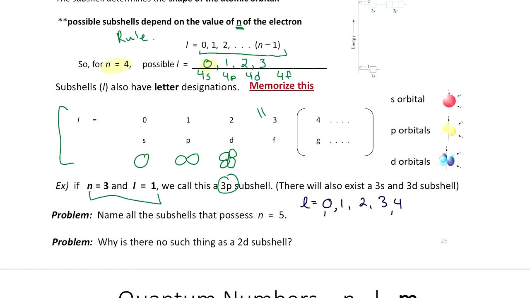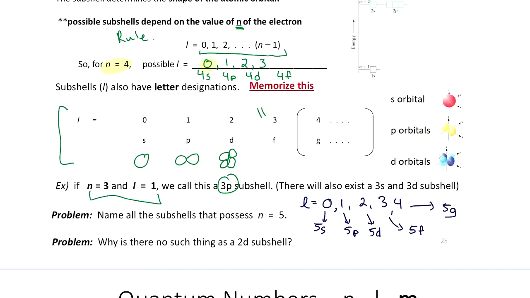So an l of 0 is what kind of subshell? s, but we want to specifically call this a 5s, because that's what the n is. So that means l of 1 is a 5p, then we get 5d, l of 3 is 5f, and then 4 is 5g. Yep, okay.